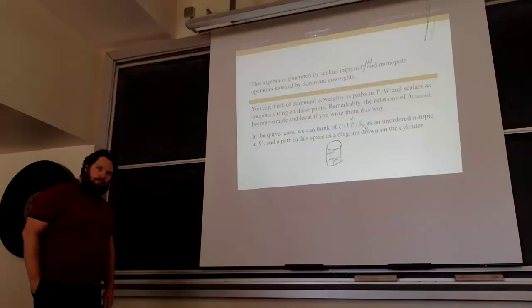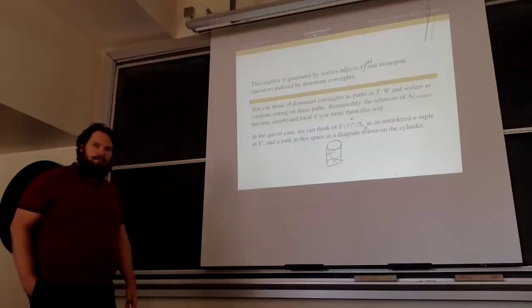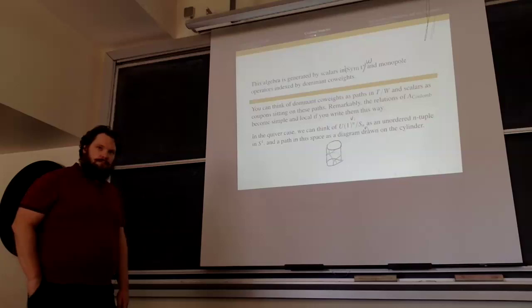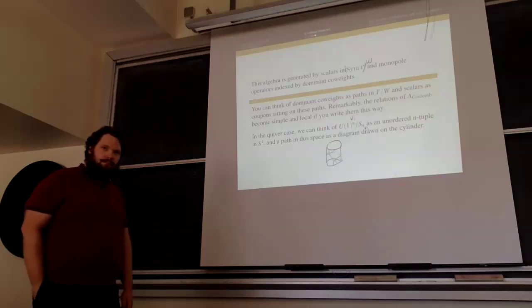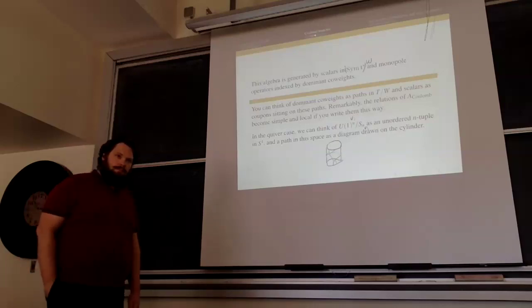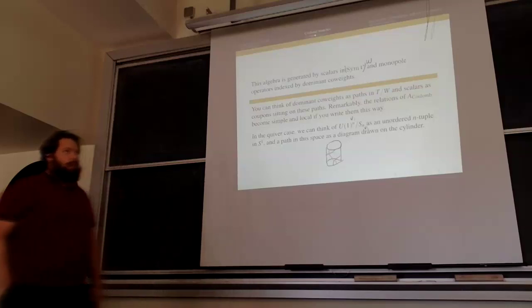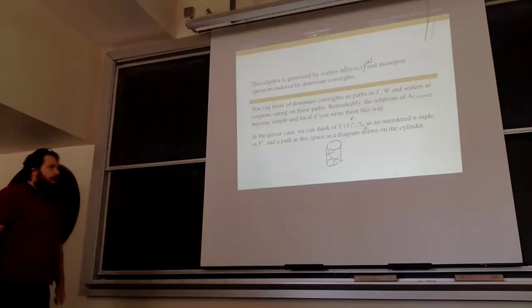I mean, a description of the category of modules, I think we describe it like local systems, right? Is there some connection, similar to your path algebra, with some category on T mod W? Probably you could. I mean, it does end up looking like that.